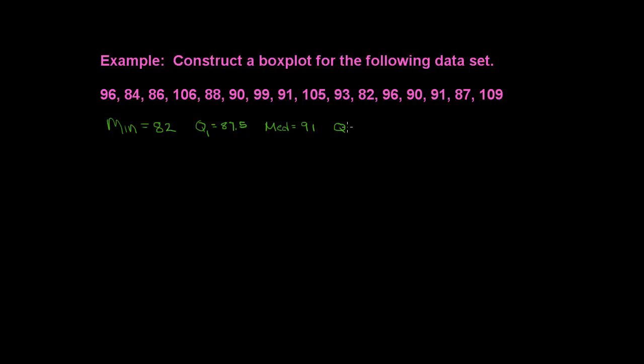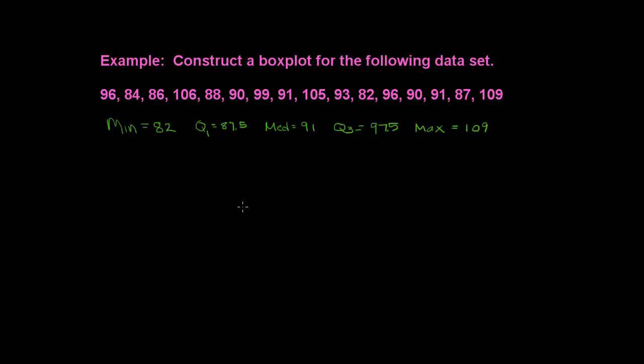Q3 was 97.5. And our max value was 109. We got that using the TI-84 calculator. Okay, step 1: find your 5-number summary.